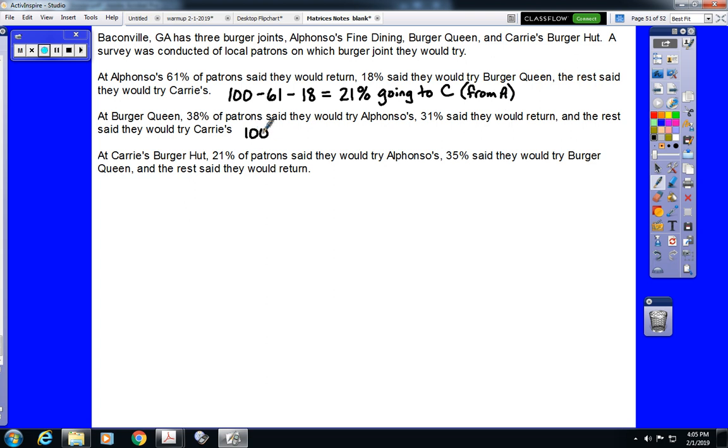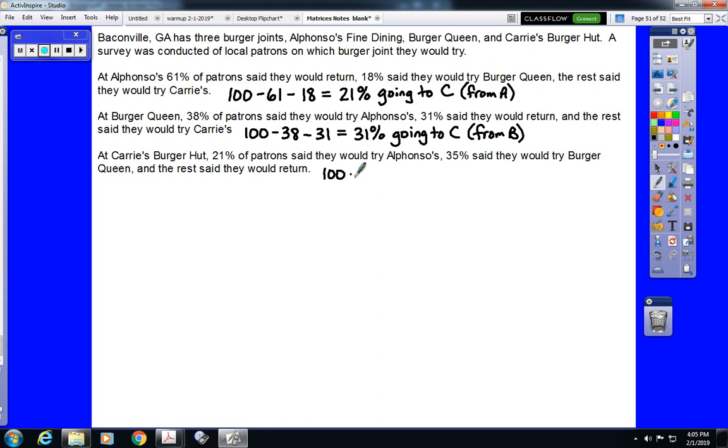So once again, we're going to take the information provided to us, subtract 38% and 31% from 100, and figure out that that leaves 31% going to C, and that would be from B. And then finally, the same survey run at Carrie's Burger Hut says 21% of the patrons there would be going from Carrie's to try Alfonso's. 35% said they would be going from Carrie's to try Burger Queen, and the rest said they would return to Carrie's.